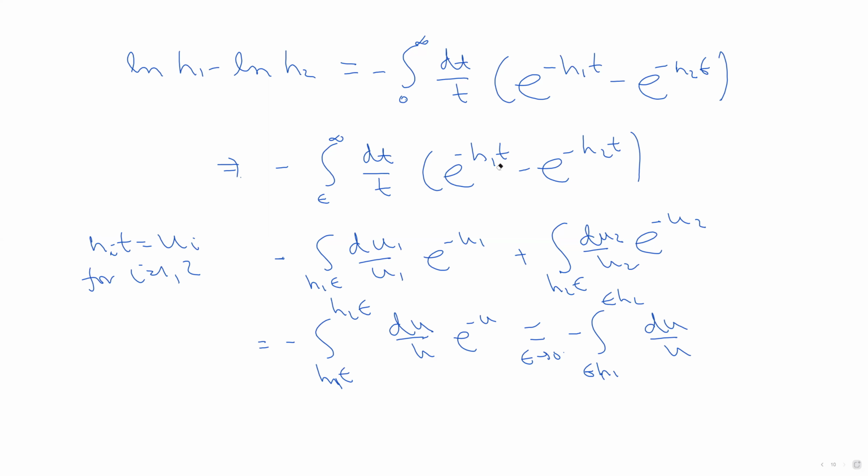You are integrating from H1 epsilon to H2 epsilon, so you can do a partial expansion. The minus u term kills the singularity, and then this difference is just proportional to epsilon, which goes to 0. So this gives you minus log H1 over H2.